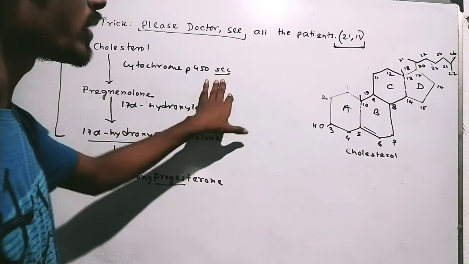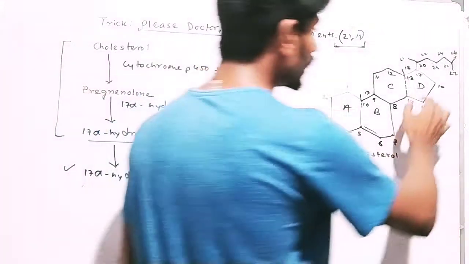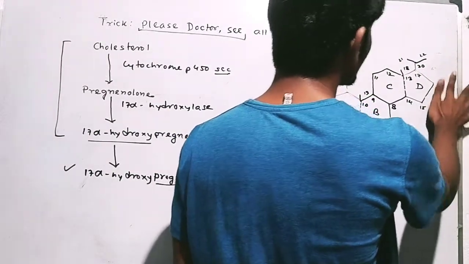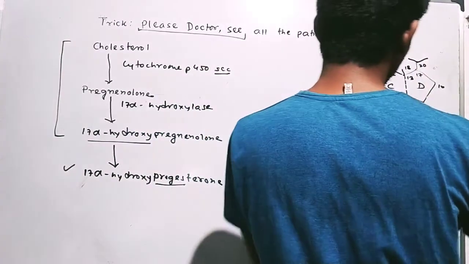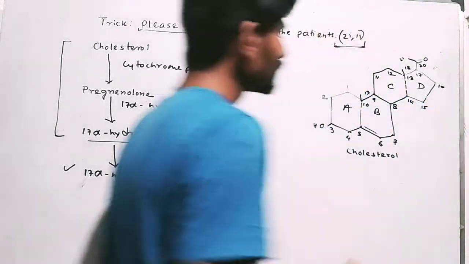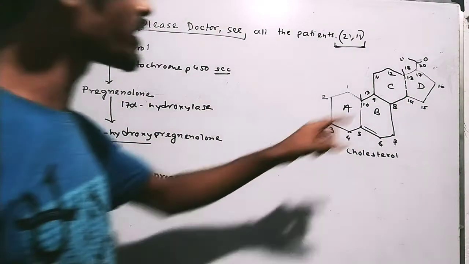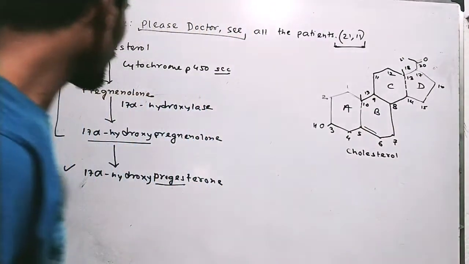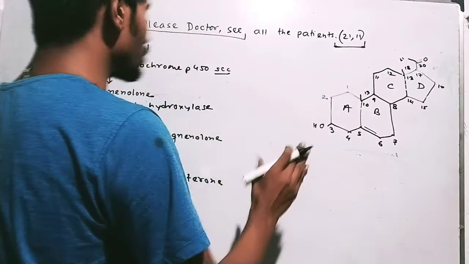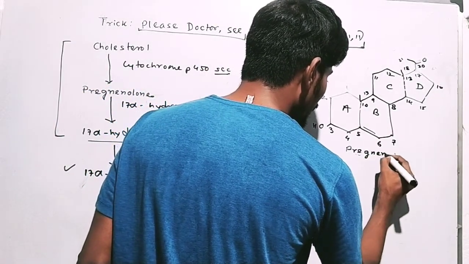SCC means side chain cleavage enzyme, and it cleaves this 6 carbon chain and introduces a keto group at the 20th position. So the molecule is not cholesterol anymore, it is pregnenolone.